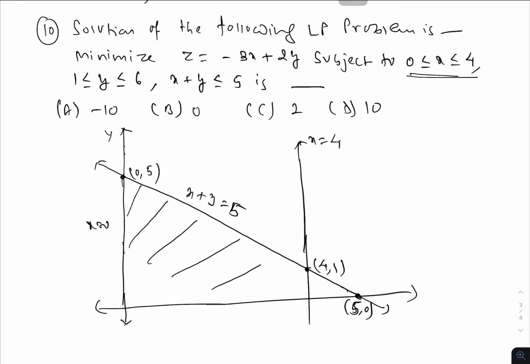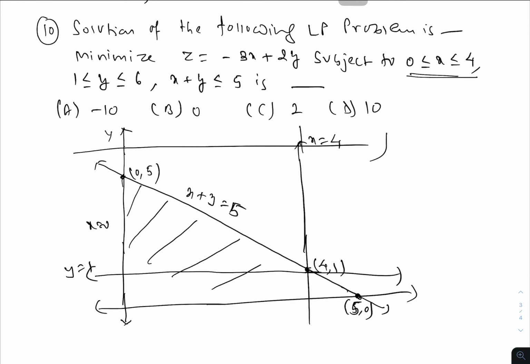Y is 1 to 6, so this is y equal to 1 and y equal to 6, and here already 5, so 6 is somewhere here, we don't require it.